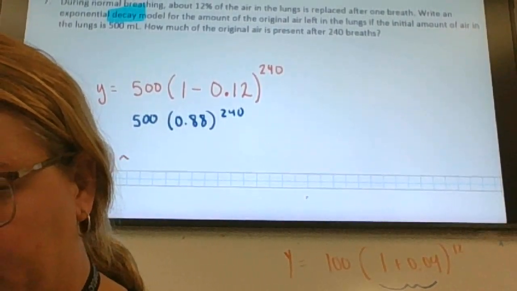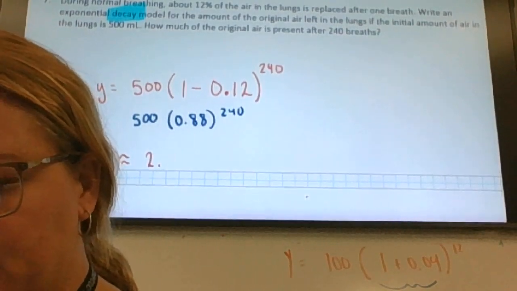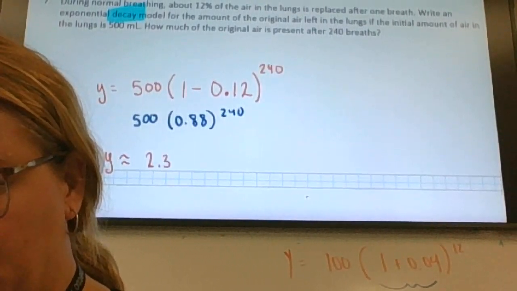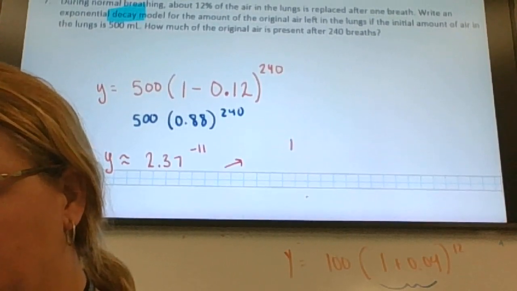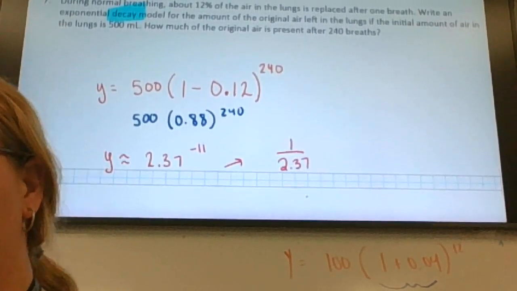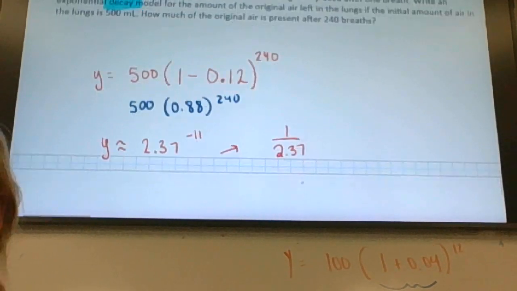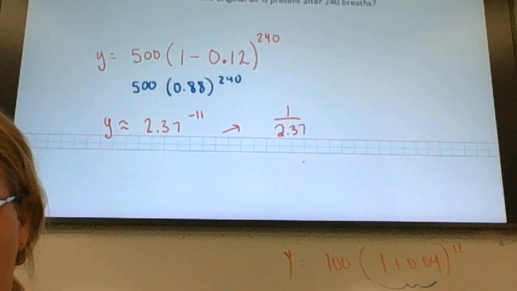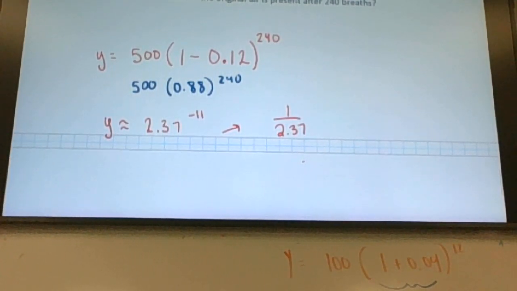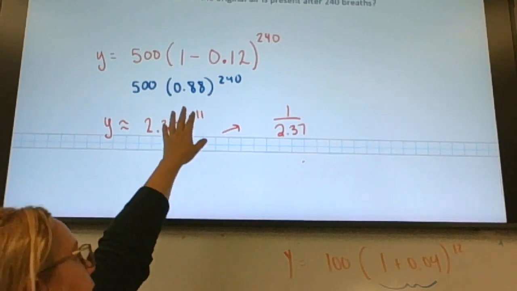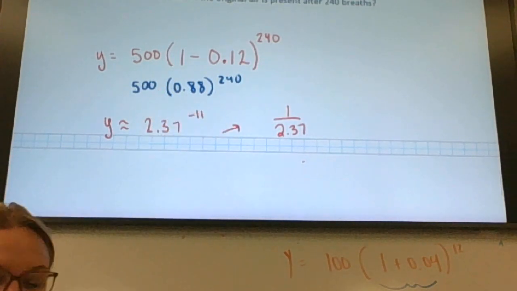So I want to remind you guys about scientific notation. This is the -11. So what that means is we could think about it under 1. I did 0.88 to the 241st, and then I multiplied 500.